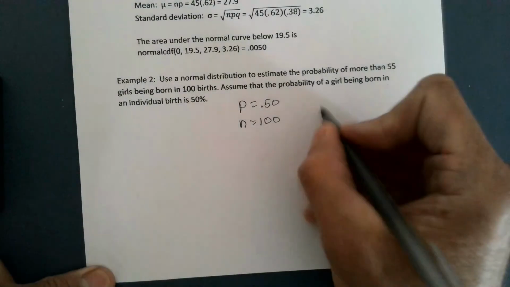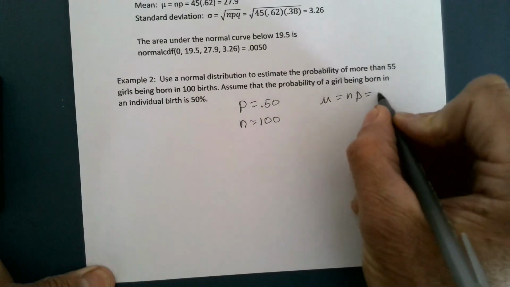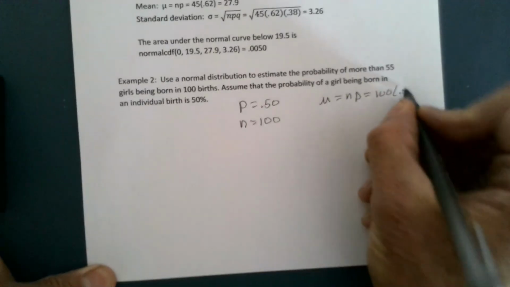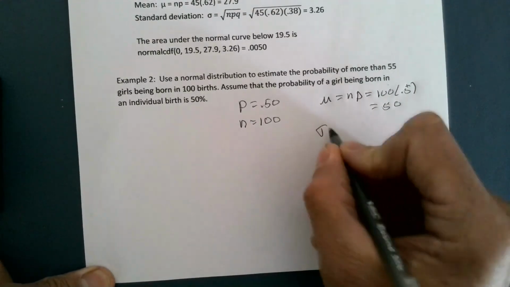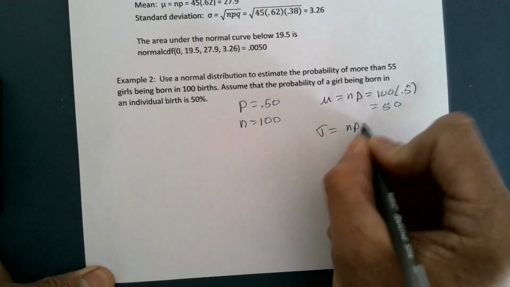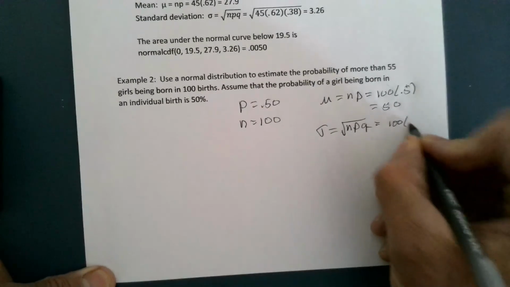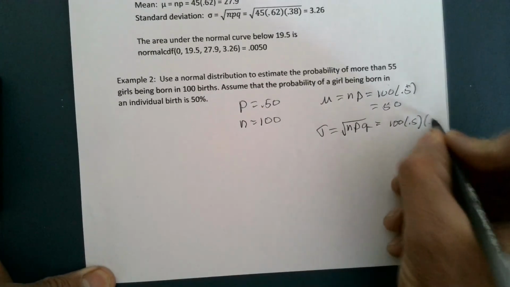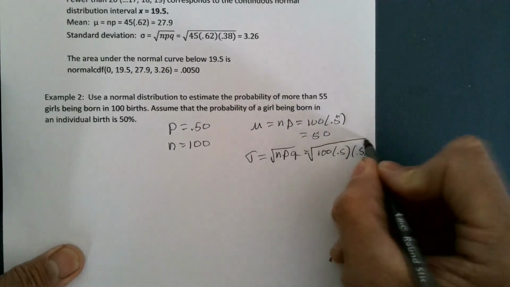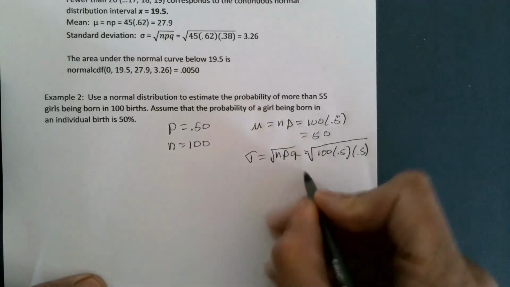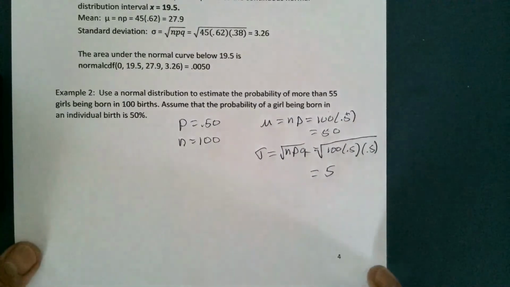Now we need the mean and standard deviation. That would be the square root of 25, 5. So our standard deviation would be 5.